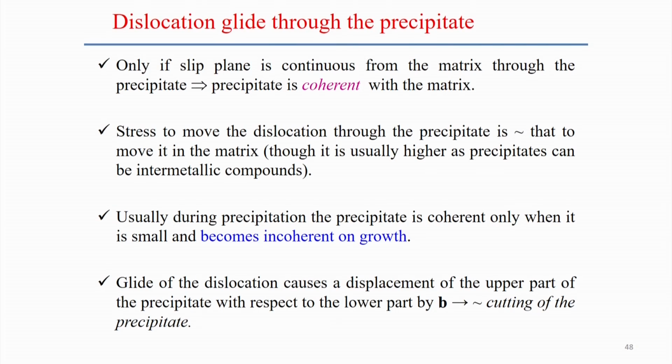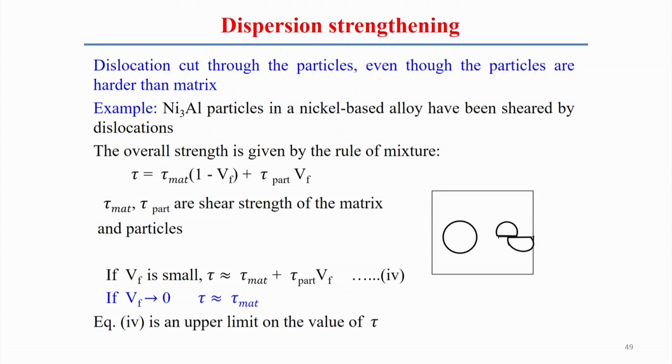Now the glide of the dislocation causes a displacement of the upper part of the precipitate with respect to the lower part, cutting the precipitate. So in general, the dislocation will try to cut the precipitate, although it is very hard, even when the particles are harder than the matrix. Let us see how it works.